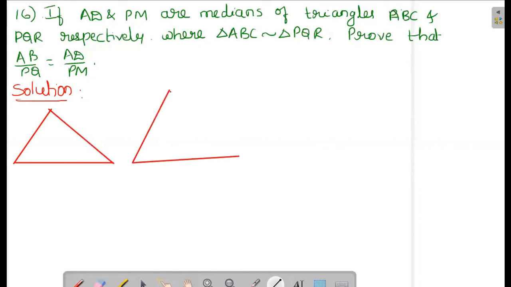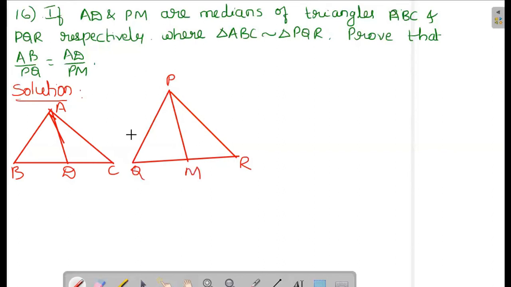Okay, two triangles, and I'll draw the median also here. So let this be A, B, C, D, P, Q, R, and this is M.